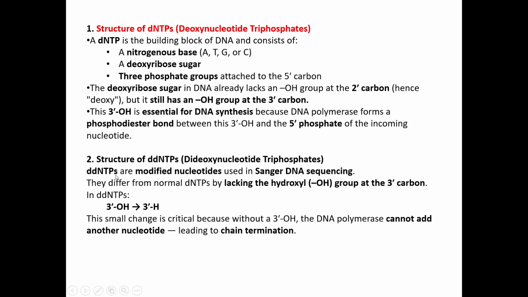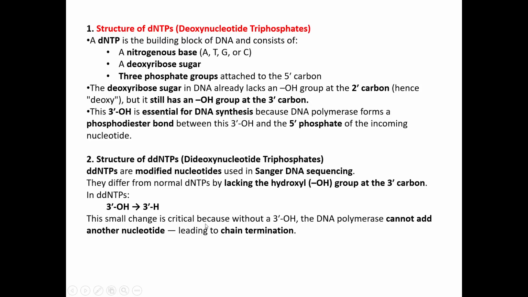So ddNTPs are basically modified nucleotides which are used in Sanger's DNA sequencing. They differ from normal dNTPs by lacking the hydroxyl group at the third carbon as well, along with the second carbon. So in ddNTPs, the 3' OH group is replaced with a hydrogen. Due to this, there cannot be addition of a new nucleotide to the already existing ddNTP.